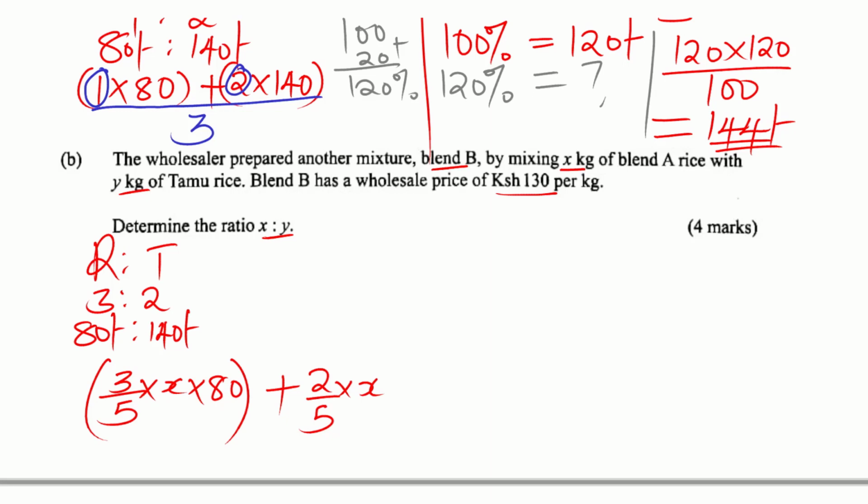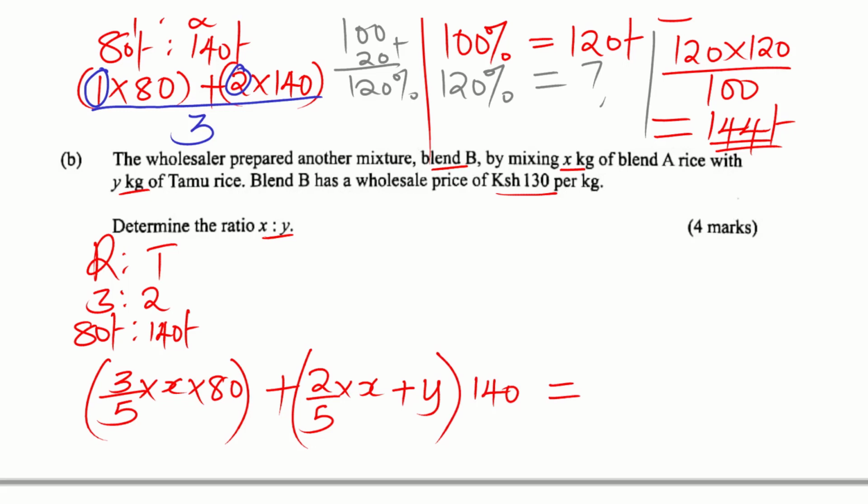And then there's something here again: it is by mixing X kg of blend A rice with Y kg of tamu rice. So for this part where you have tamu, we have to add Y kg, and the cost of 1 kg of tamu is 140.